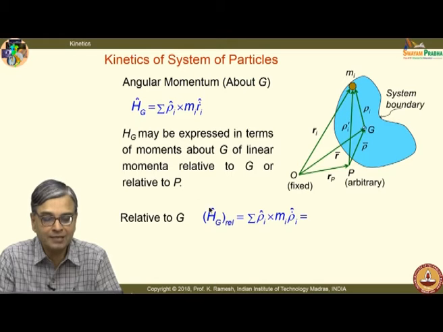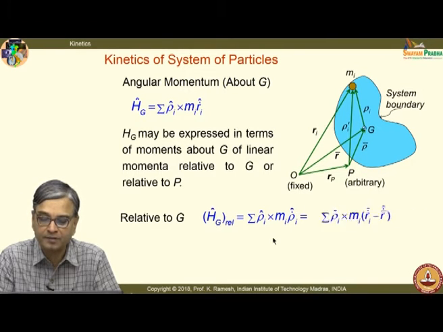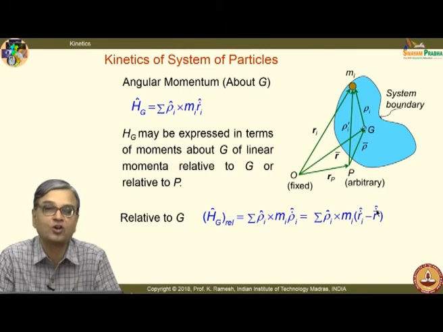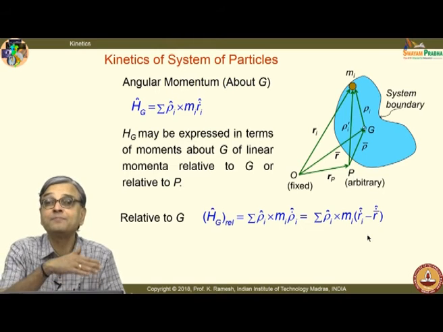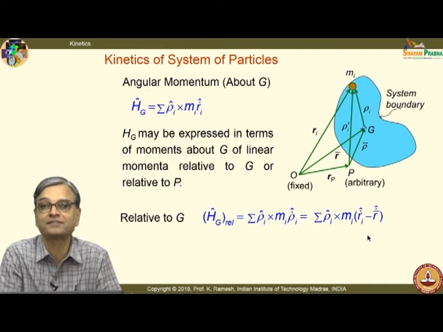But when I put this as a relative quantity, I also play with the velocity. I am using a relative velocity. In some cases, it is easier to handle relative velocity computations, and I would replace rho dot as r dot minus r bar dot, because ultimately we are going to simplify the expressions and you will get a very nice simplification here.